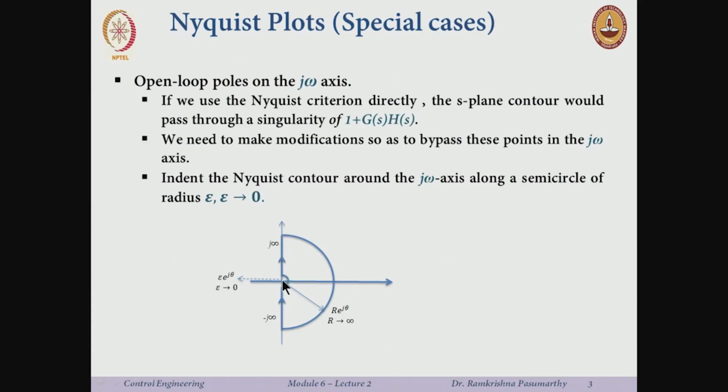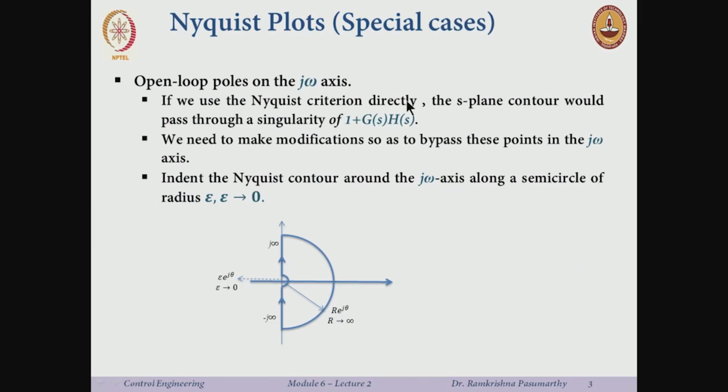The question is how we handle these conformal maps, or the Nyquist contour, when the open loop poles are on the j omega axis. If we use the Nyquist criterion directly, the S plane contour would pass through a singular point of 1 plus GSH, and this would blow up.